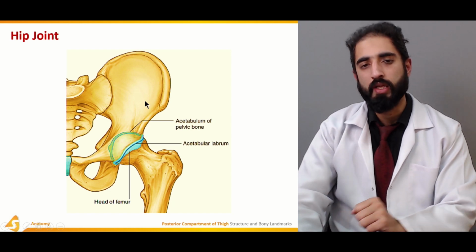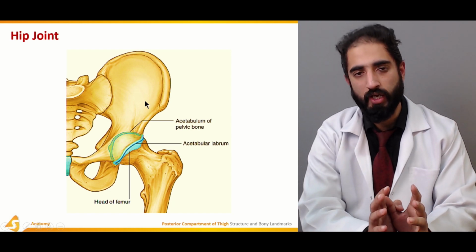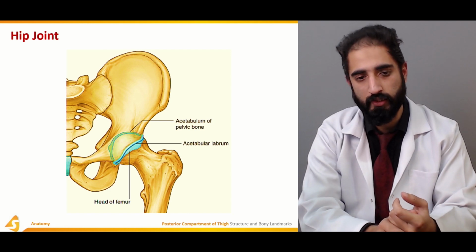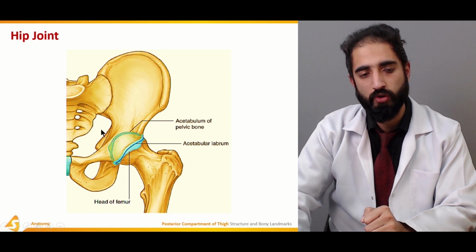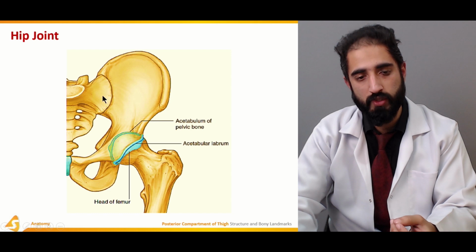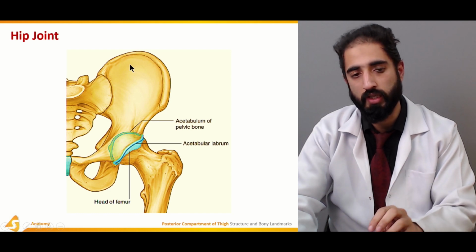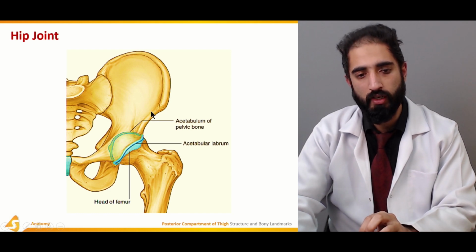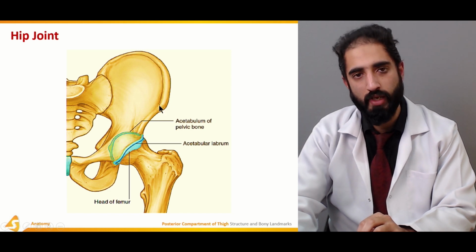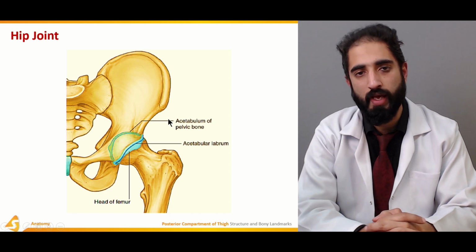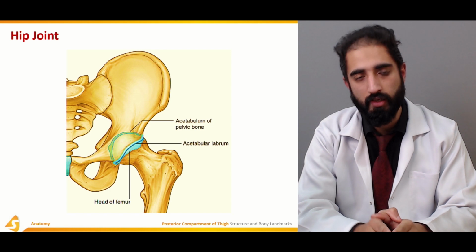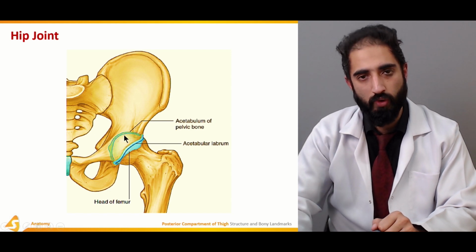We have the two innominate bones which make up the pelvis, and we have the ilium, ischium, and pubis, which are the three individual bones that make one side of the hip. This hip bone, or innominate bone, has a cavity known as the acetabulum, and that acetabulum receives the femoral head, which makes the hip joint.